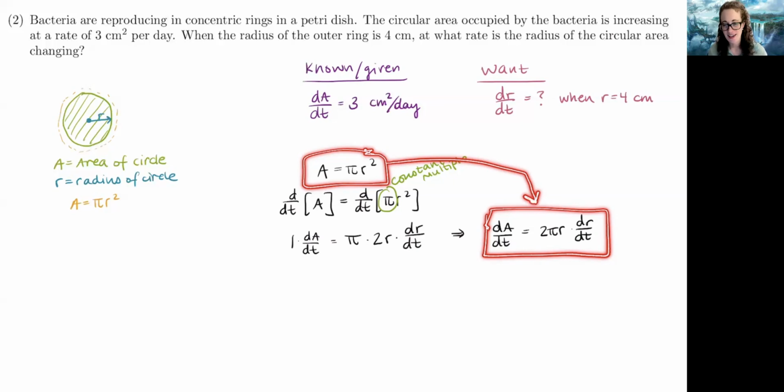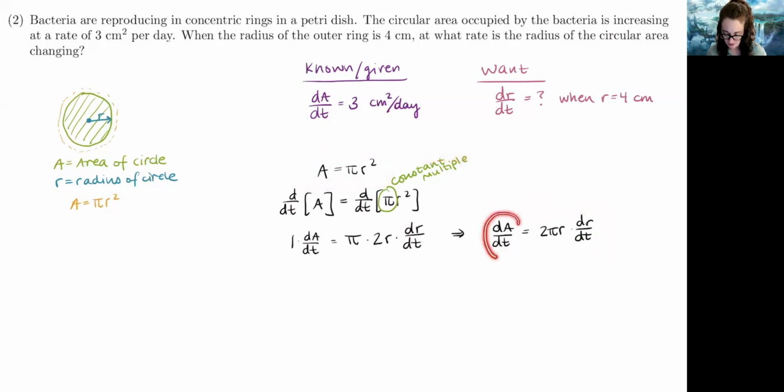Oh, well, at least we know the opposite, right? We're looking for dA dt. We have, oh wait, we're looking for dr dt. We have dA dt and we have r, so we'll be able to plug in and solve for dr dt.